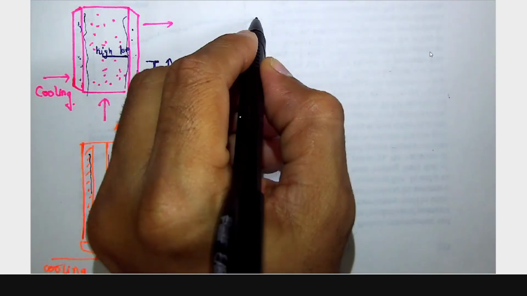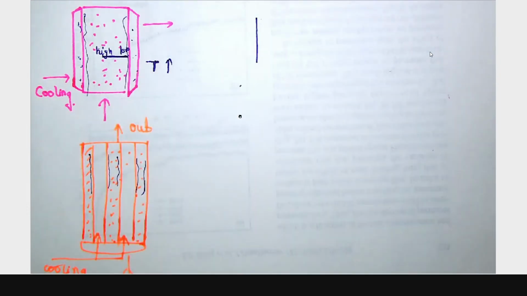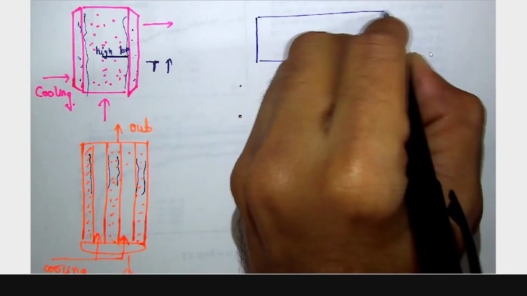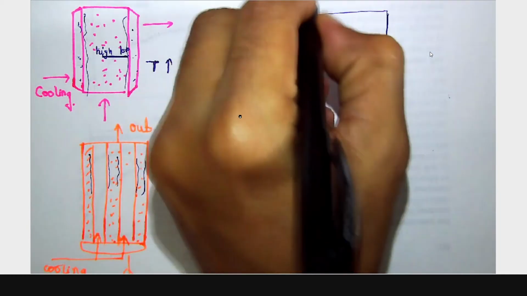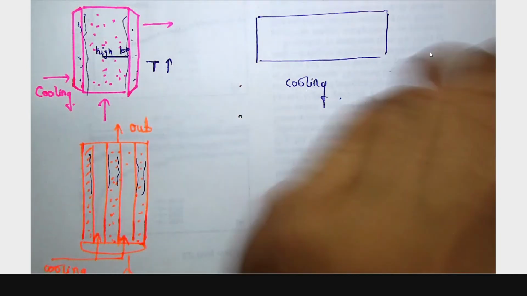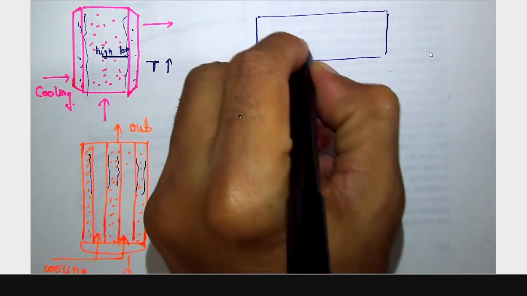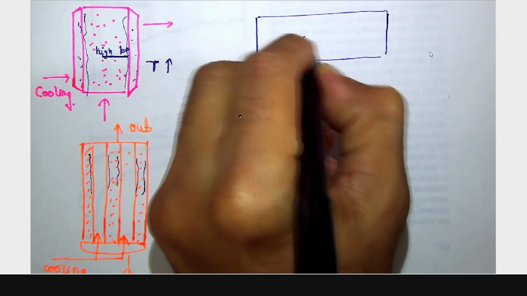If you draw a simple figure for that, say the packed bed, and it is cooled on this side. Inside, the temperature may be around 150 or 200.